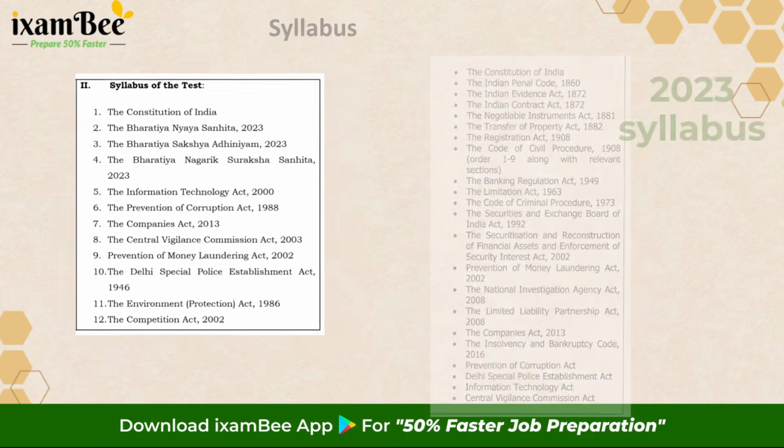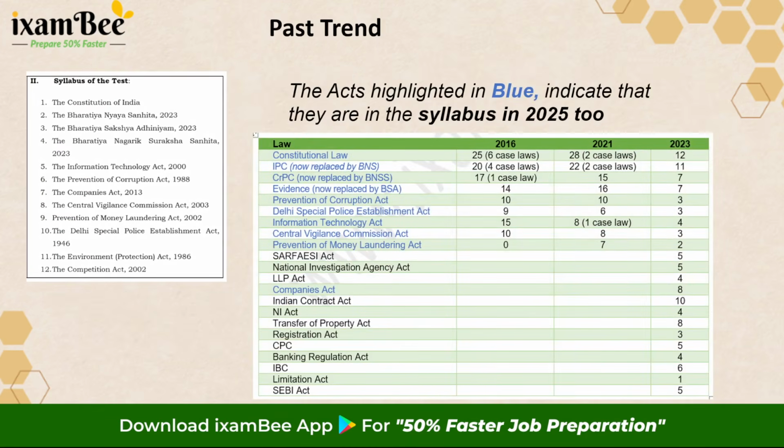Let's have a look at how the questions have been asked in the past. CBI APP recruitment was previously done in 2016, then 2021, then in 2023, and now in 2025 we have the vacancies come out. If you see, the focus on these acts had been more in the past, also in 16 and 21, with the criminal laws and the Constitution and the Prevention of Corruption and the PMLA acts having the most importance in the past.